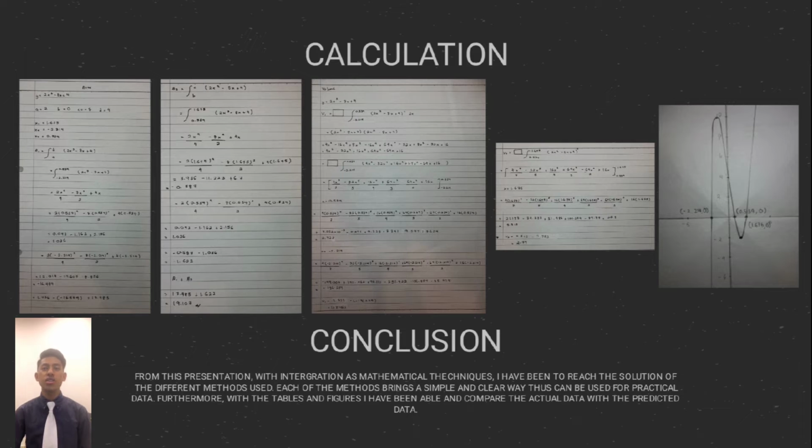So the equation is y equals 2x cubed minus 8x plus 4. V1 equals pi integrate (2x cubed minus 8x plus 4) squared dx, equals 2x cubed minus 8x plus 4 times 2x cubed minus 8x plus 4.